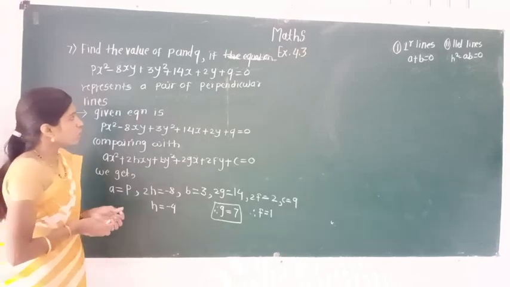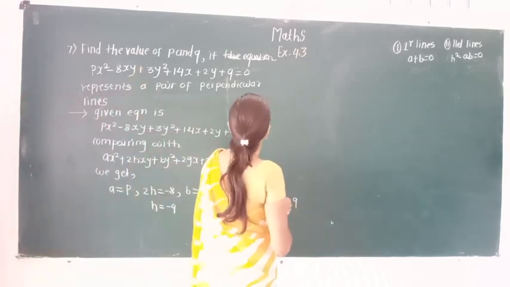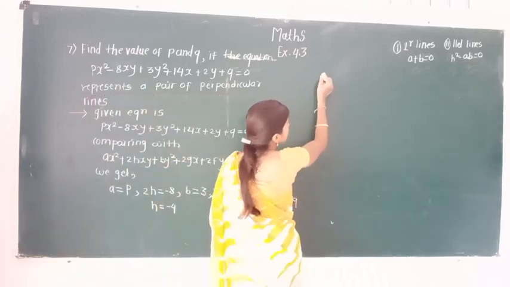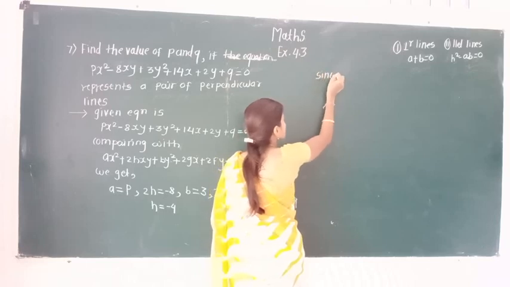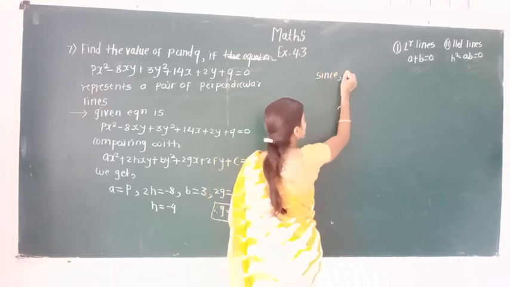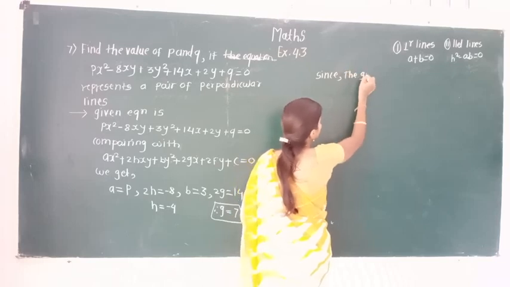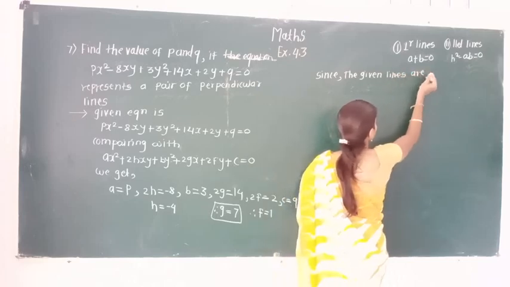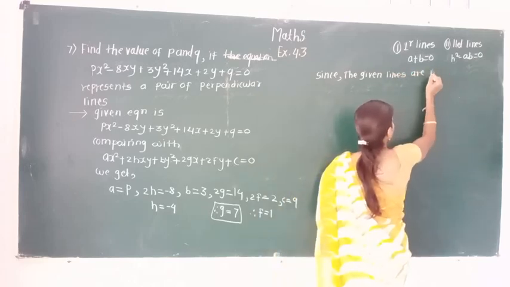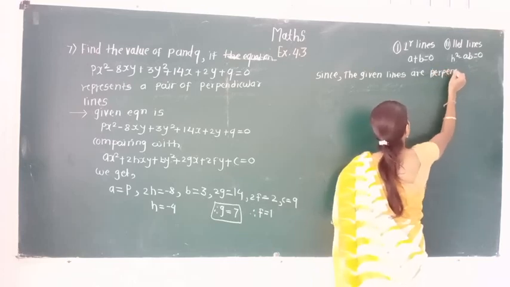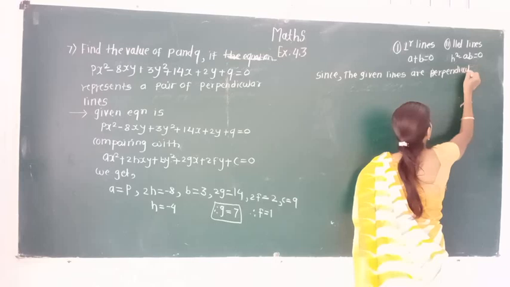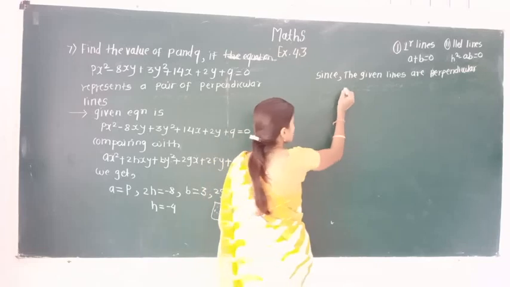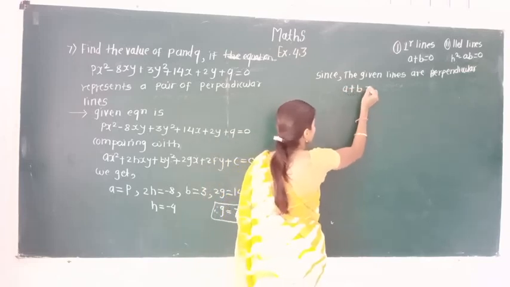Okay. Now for finding p and q, we are given that the lines are perpendicular lines. Since the given lines are perpendicular to each other, then we know that the condition of perpendicular lines is a plus b is equal to 0.